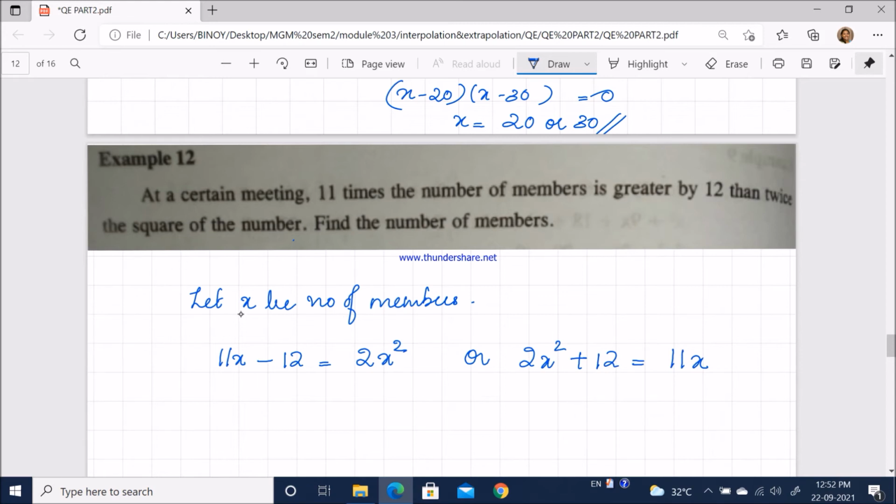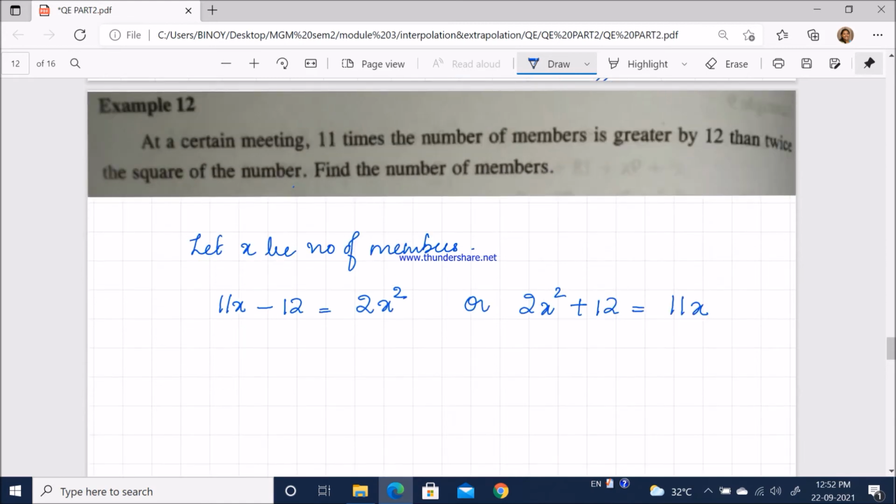So let x be the number of members. 11x minus 12 is equal to twice the square of the number, 2x square. Or you can say twice the square of the number plus 12 is equal to 11x. So solving the quadratic equation, I am going to consider that one.